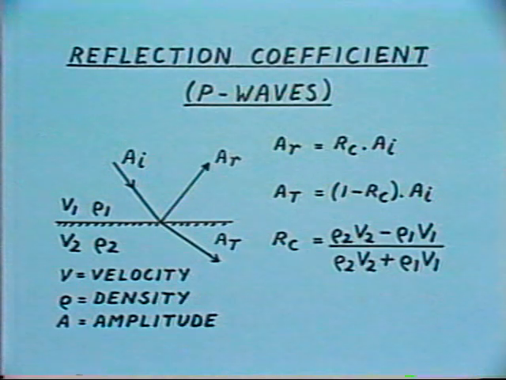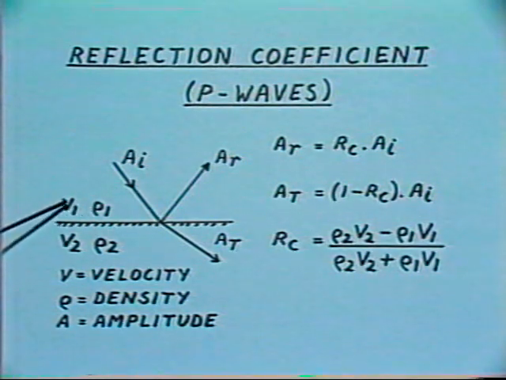And in this case we're just looking at the reflection coefficient for P waves, since those are the waves which we normally deal with in seismic reflection work. If we have an interface separating rocks of different velocities and densities, density is usually symbolized by the Greek letter rho.